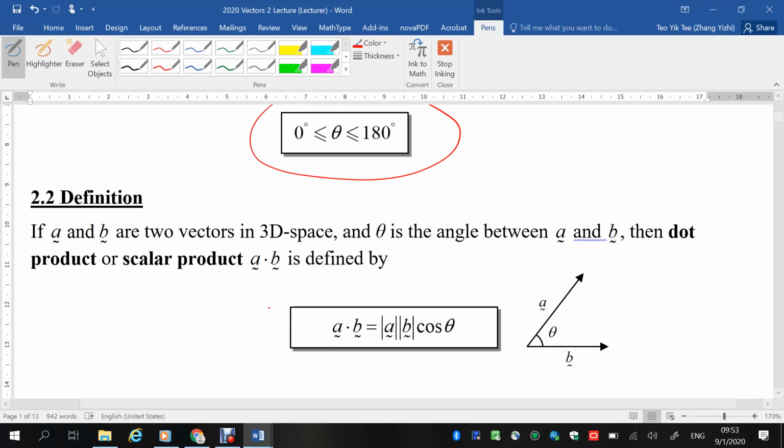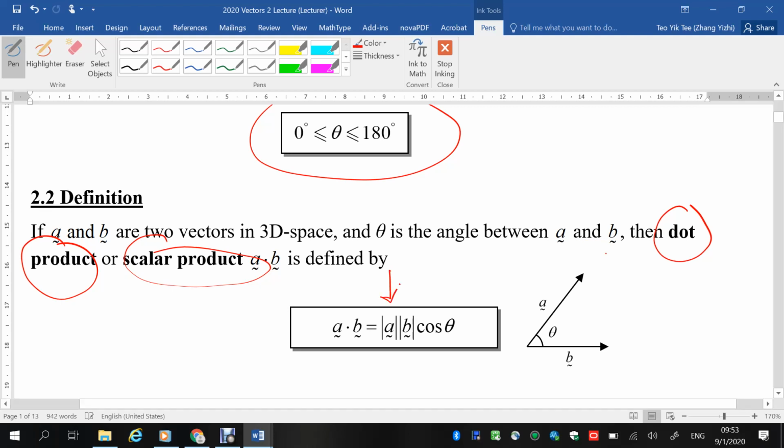Here comes the first magic formula. We are introducing to you the scalar or dot product. Okay, the name of this mechanism is what we call the scalar or dot product. This is something like an operation, like addition, multiplication. So this is something special. When I say vector A dot vector B, the formula is magnitude A multiplied by magnitude B multiplied by cosine theta.